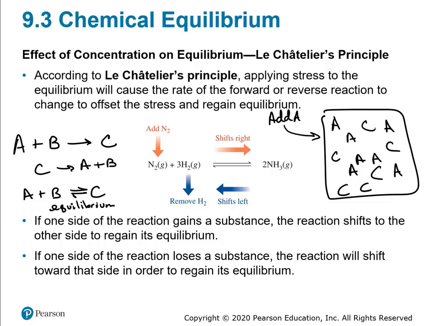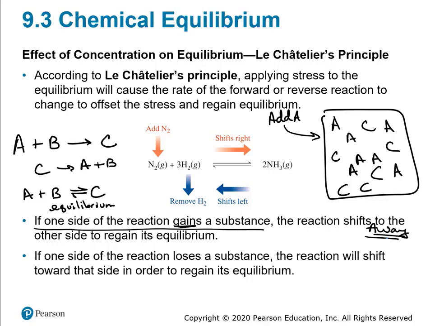So he came up with a rule. He said, if you add anything to a reaction at equilibrium, the reaction always shifts away from whatever you add. So I always think, if I add, it shifts away.